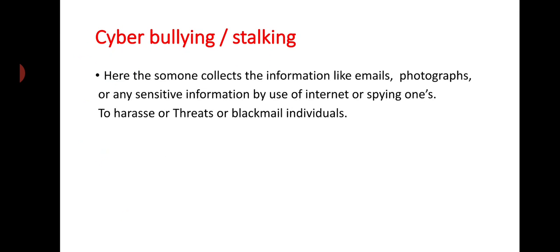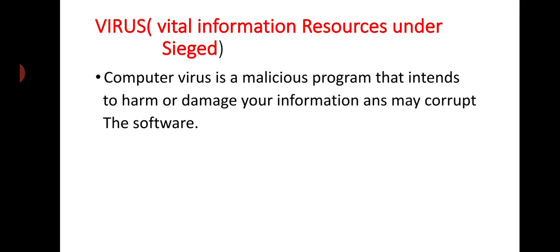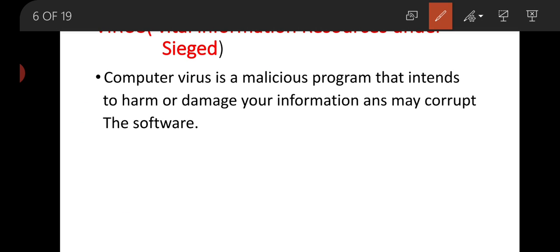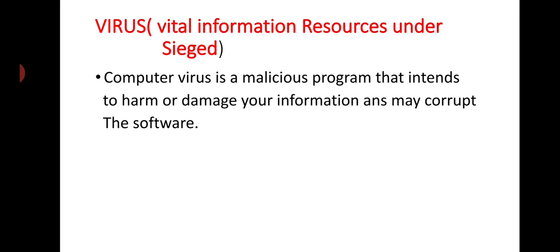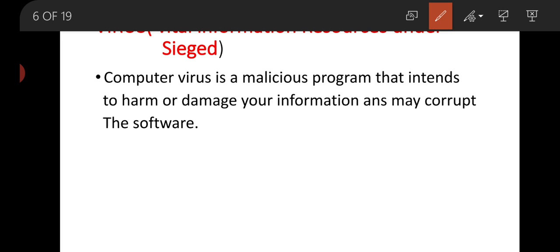So first of all, we have to see the virus. Vital information resource under siege. The computer virus is a malicious program that intends to harm or damage your information and may corrupt the software. This is your virus.